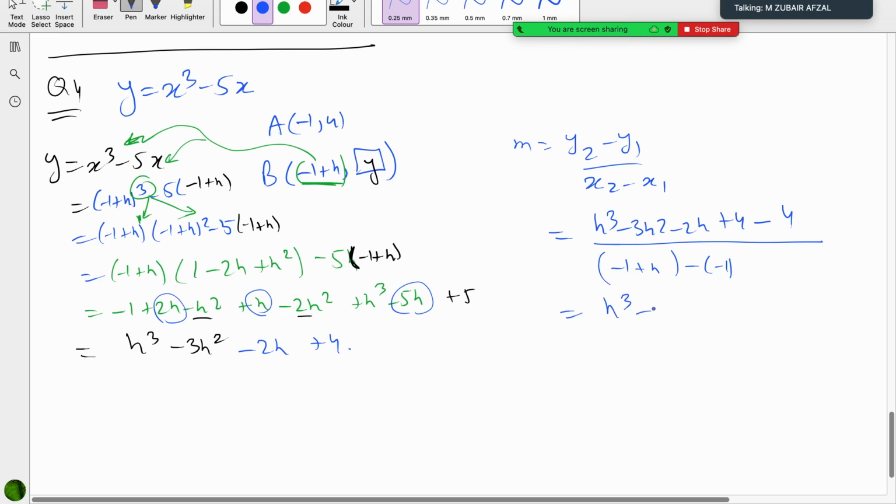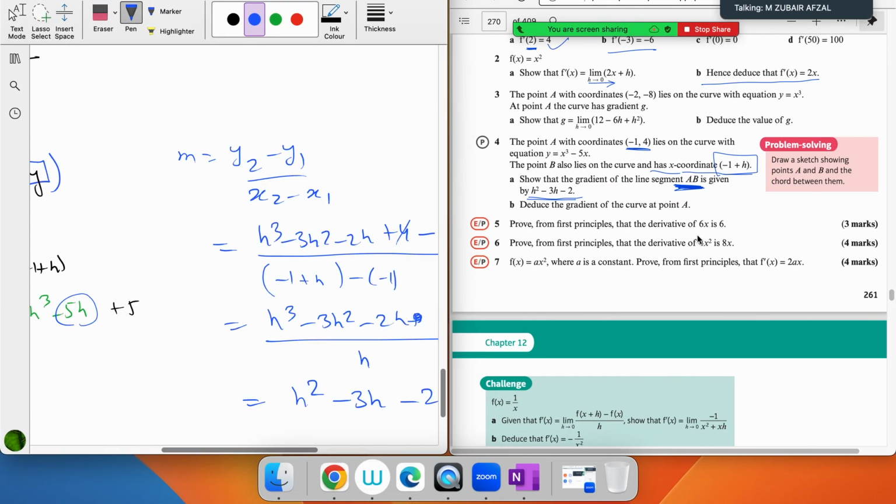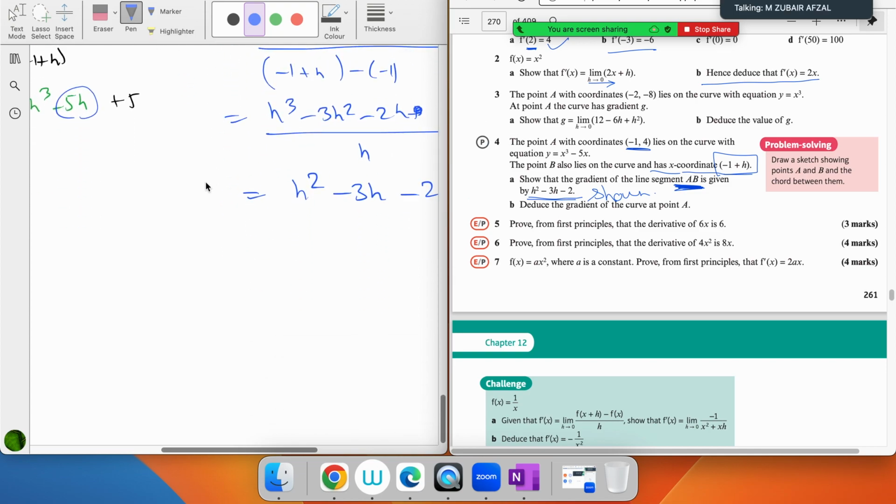So h cube minus 3h square minus 2h, we get rid of this, divided by minus 1 is plus 1, divided by h. So everything is divided by h. This is h square minus 3h minus 2, and let's just tally it. This was h square minus 3h minus 2, as shown. This is the first part.